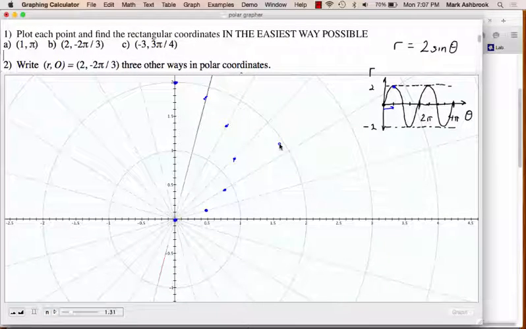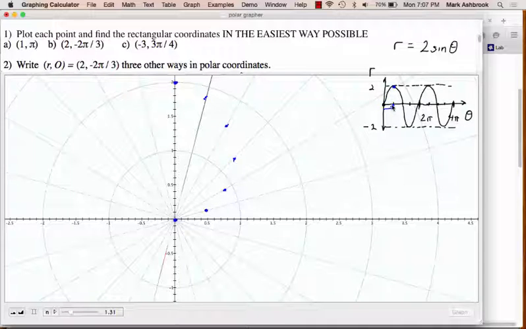Do you see r increasing, getting further from the pole as theta increases? That's what that graph tells us. As theta increases, as we rotate around, r increases from 0 to 2. So our points are getting further away until we reach 2. Can you see that? You can think about that happening continuously rather than point by point.